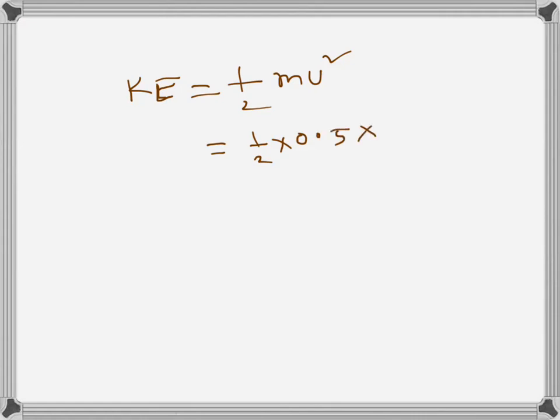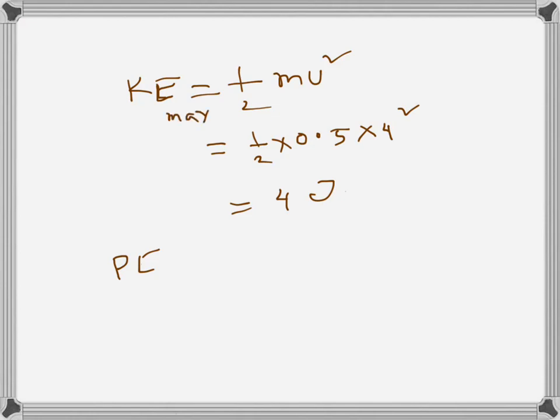So let's calculate the kinetic energy in the beginning. That would be half mu square, half times 0.5 times 4 square, so that is 4 joules. And when it reaches maximum height, so this is KE max.